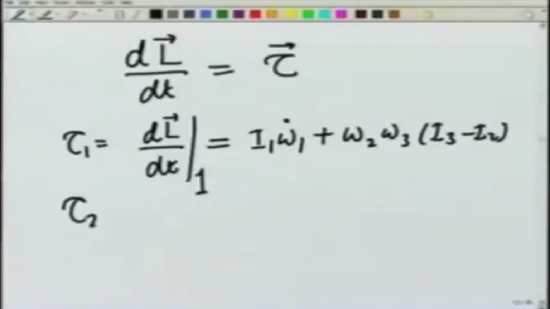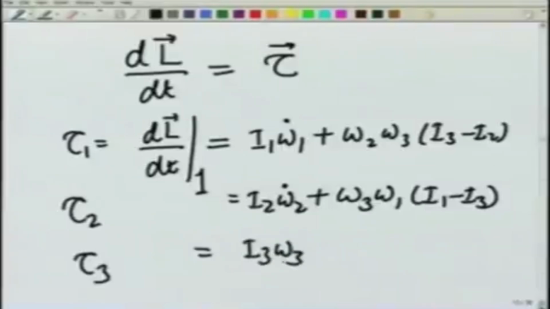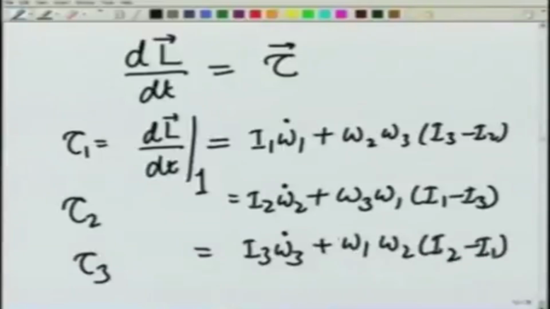Similarly, tau 2 comes out to be I2 omega 2 dot plus omega 3 omega 1 I1 minus I3, and tau 3 comes out to be equal to I3 omega 3 dot plus omega 1 omega 2 I2 minus I1.